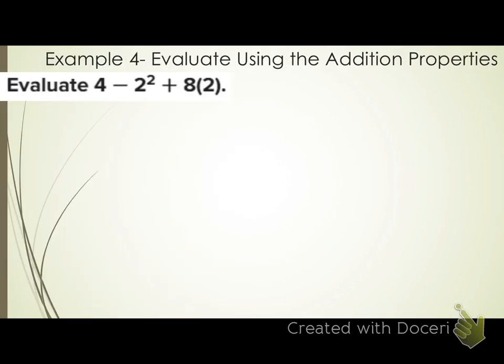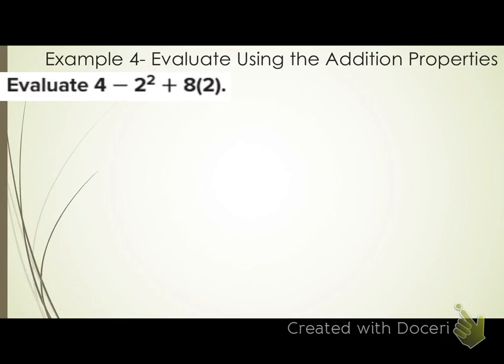Okay, now we got a few examples here using all this information we just talked about. I know it's a lot of information. It says evaluate 4 minus 2 squared plus 8 times 2. So, talking about order of operations, what would you guys do here first?